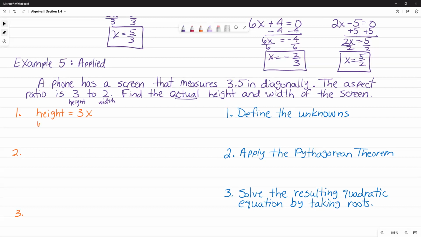And then the actual width is 2 times x. Now, the important thing to know here too is, we've got a cell phone here, and they've told us the screen measurement, so like when you have a computer screen or TV screen, the width they're giving you, so it's like a 17-inch screen, that's the length of the diagonal.